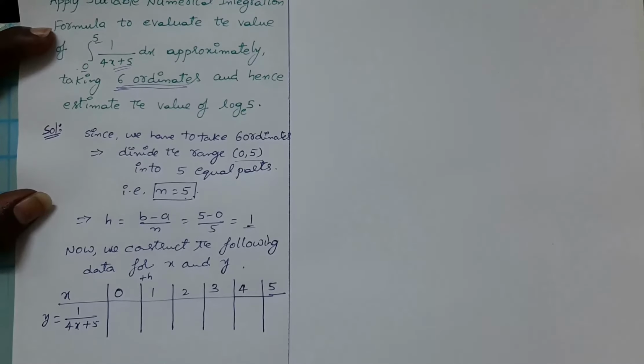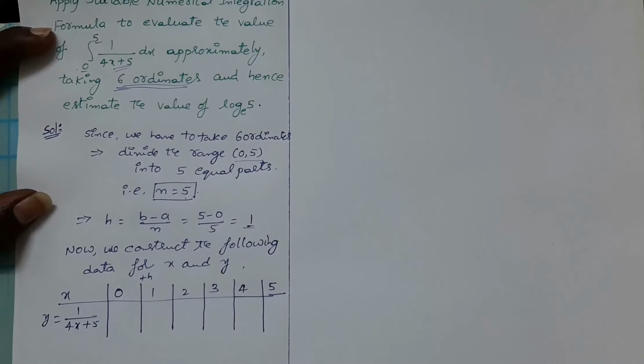You will get 4x plus 5. So this is the given function. Equal to. What is the starting value of x? 0. Equal to. What is the ending value of x, which is the upper limit? 5. Equal to. What is the step size? 1. Equal to. Now you will get all the functioning values at a time.